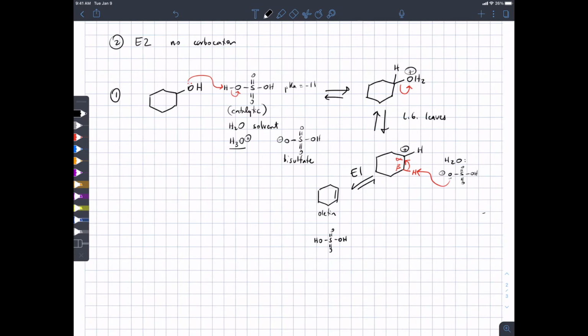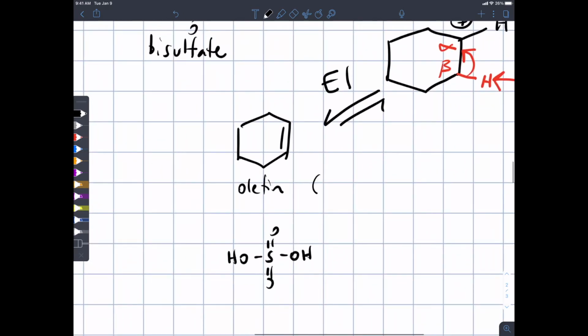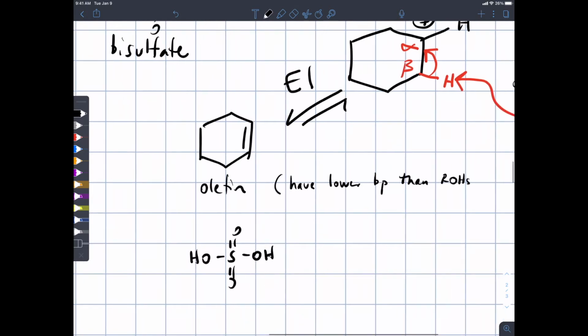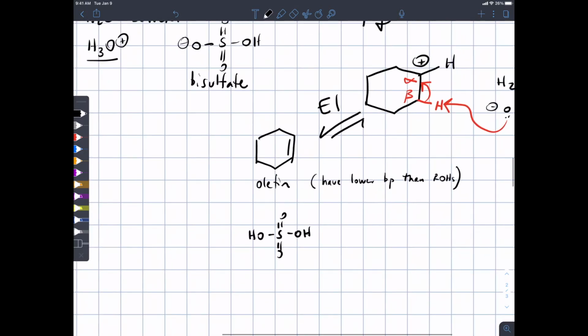And when the equilibrium constant is close to 1, we have to take other experimental steps to isolate a desired product. One interesting feature of olefins is that they have lower boiling point than alcohols do. That's because they lack the hydrogen bonding capability of alcohols.